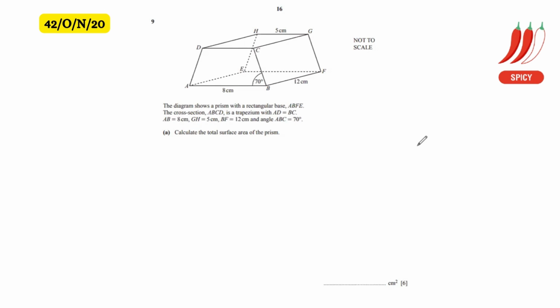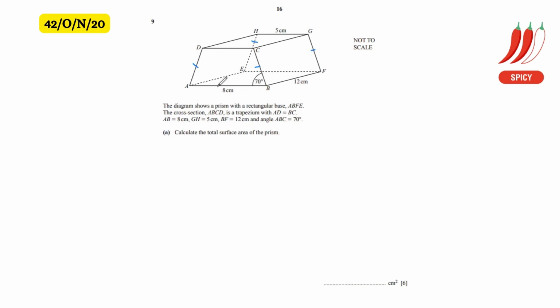So total surface area means that you find the area of all of the faces of the shape, and then we add them up to find the total surface area. So they've told us that AD equals BC. So these are all the same. And AB is 8, BF is 12, GH is 5.